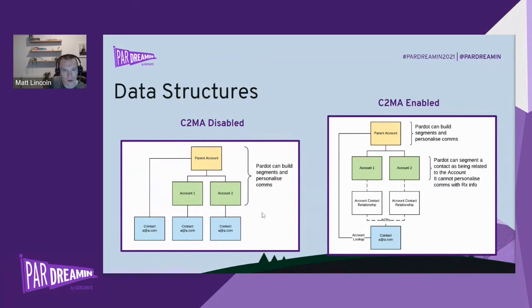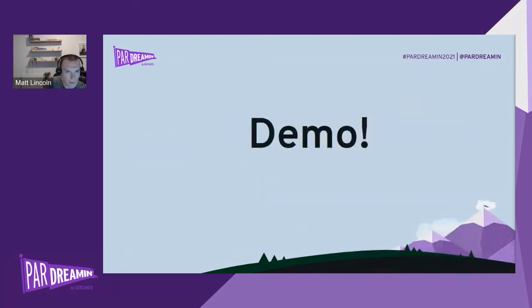The summary here is that we can segment our audience based on data that we hold in the non-primary account records associated to the contact, but we just can't personalize those emails. We'll have a look in a second at why that is in Pardot and what we can do about it. But first, I just want to jump in and have a quick look at how it fits together in Salesforce.